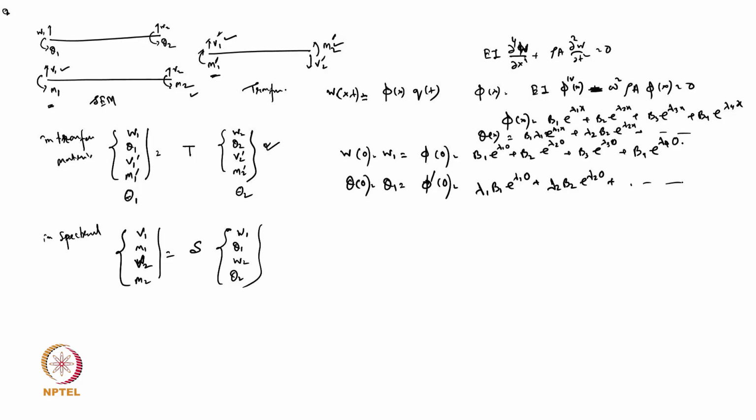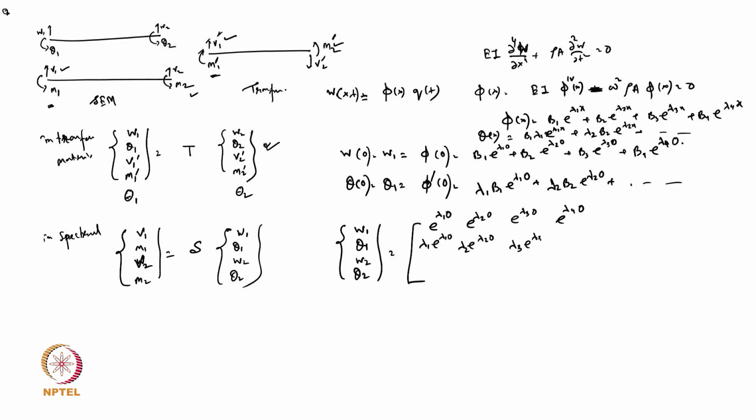Now I have to express w1, theta 1, w2, theta 2. What will I do? I will write e to the power of lambda 1 0, e to the power of lambda 2 0, e to the power of lambda 3 0, e to the power of lambda 4 0, then lambda 1 e to the power of lambda 1 0, lambda 2 e to the power of lambda 2 0, lambda 3 e to the power of lambda 3 0, like this way.